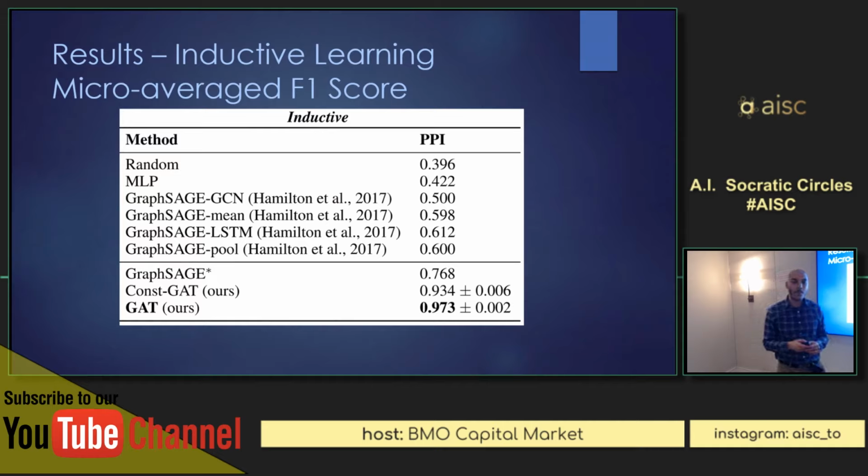So there is a GraphSage asterisk. Did you also say what that is? Again, not entirely sure. I think they also modified GraphSage in order to have a fair comparison between the GAT architecture and GraphSage. That was the idea behind that.